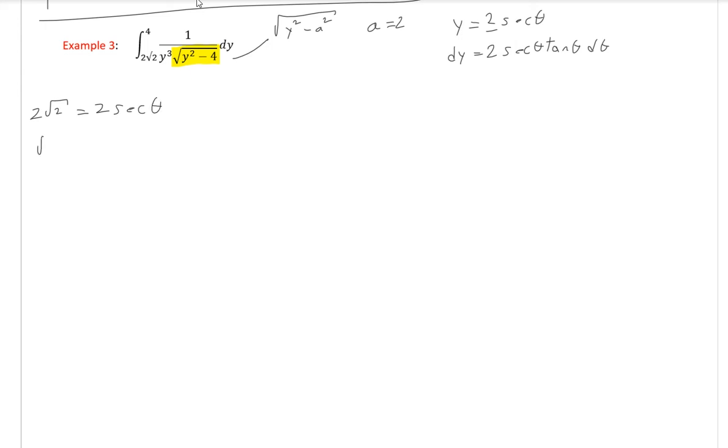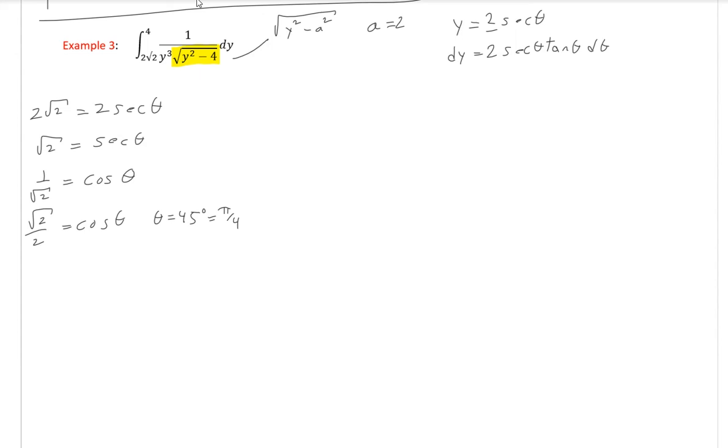Divide by 2, and we get root 2 equals secant of theta. Or in more normal terms, 1 over root 2 equals cosine of theta, otherwise known as root 2 over 2 equals cosine of theta. Now if we take the inverse of cosine, that happens when theta equals 45 degrees, or as I will say, pi fourths.